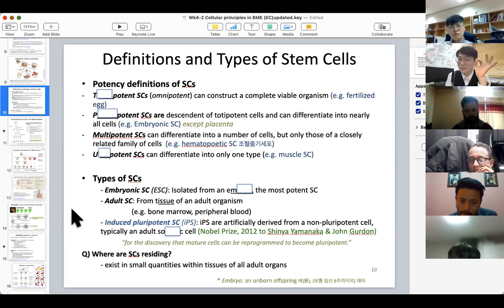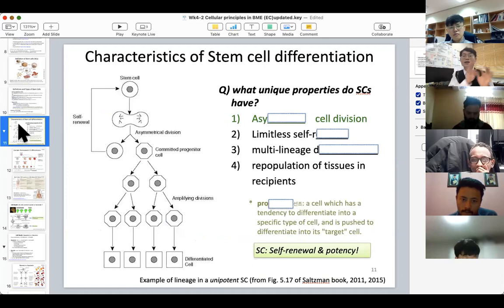What this indicates is there must be a specific location of our stem cells which can reproduce. But if we take out that stem cell, they may not do their function very well. Our question is, where are the stem cells, which exist usually in small quantities within tissues of all our organs? I will get back to this when I discuss the stem cell niche.